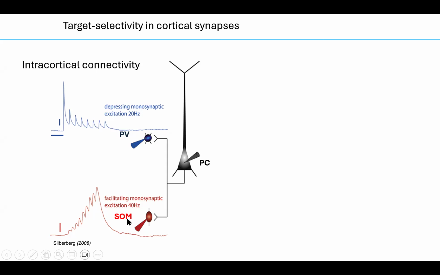If we stimulate a pyramidal cell with a train of action potentials, you can see a dramatically different message given to the PV basket cells, the parvalbumin-expressing interneurons, or the somatostatin-expressing interneurons, where you have a very clear facilitation during the train compared to very strong depression. So they act as high-pass or low-pass filters of the firing frequency of the pyramidal cells. The same presynaptic cell can give a very different message depending on the target populations.